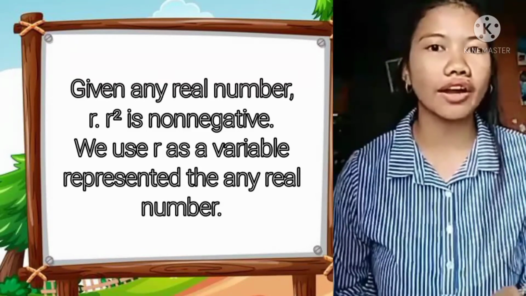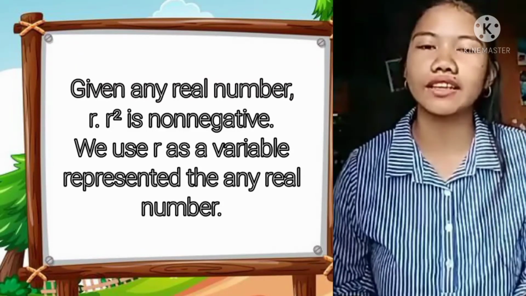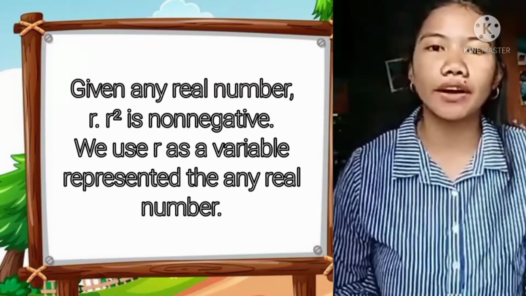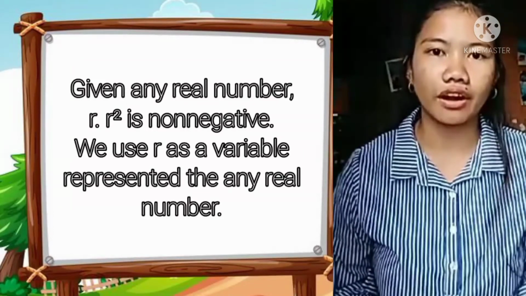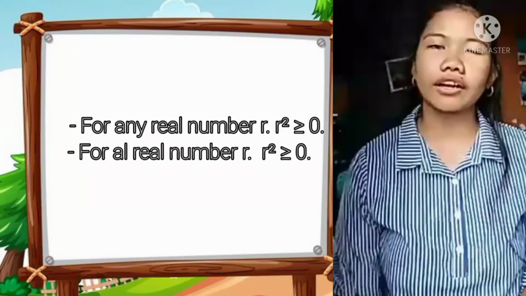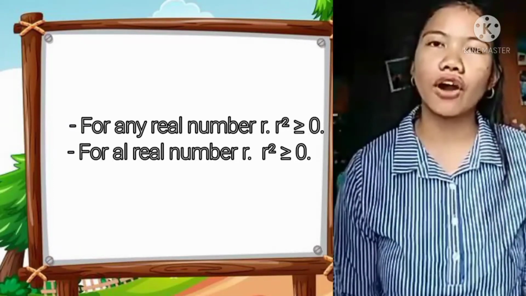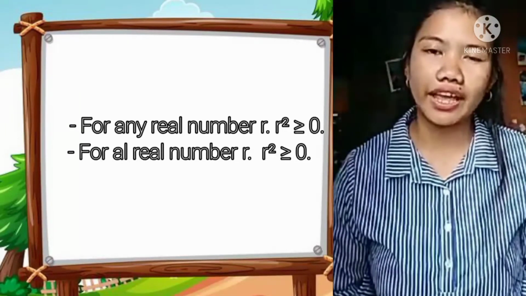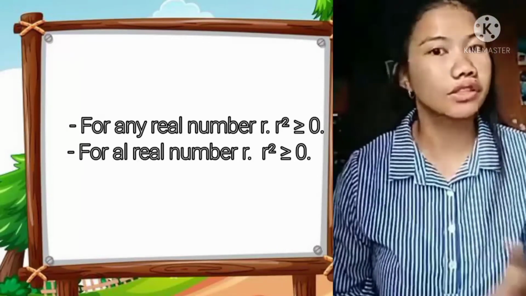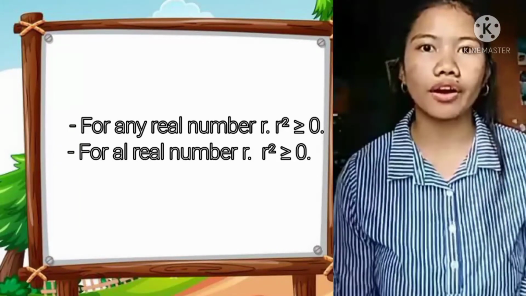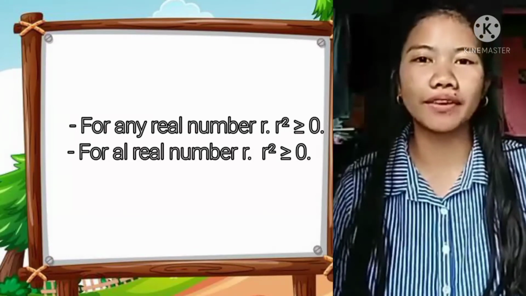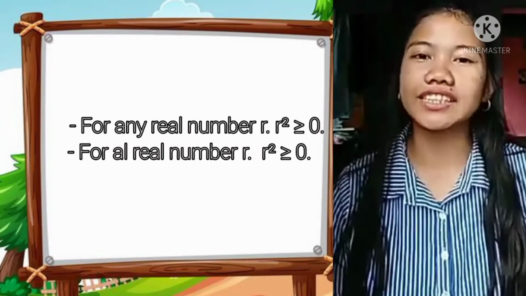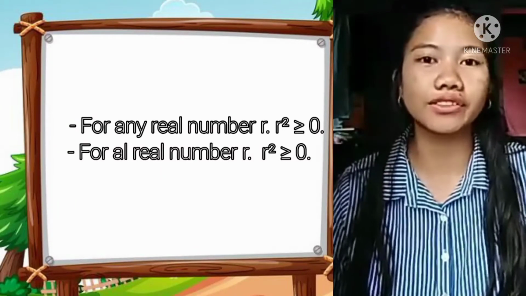So we use r as a variable representing any real number. Or another, for all real numbers r, r squared is greater than or equal to 0. Or for any real number r, r squared is greater than or equal to 0.